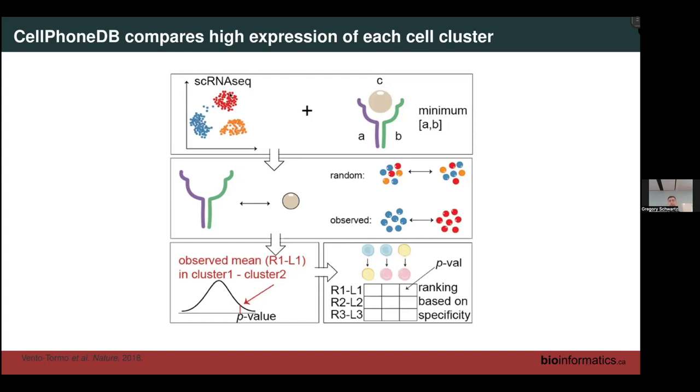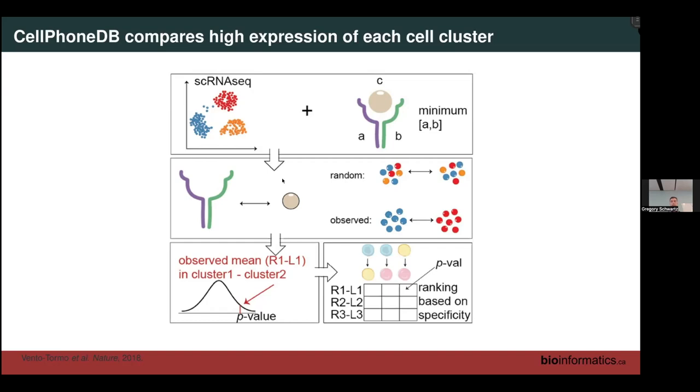Essentially, they looked at the average expression from a candidate sender cluster or cell type and saw if another cluster has a high expression of the cognate receptor gene. If so, then they have a candidate: cluster 1 is talking to cluster 2 with this mean value.